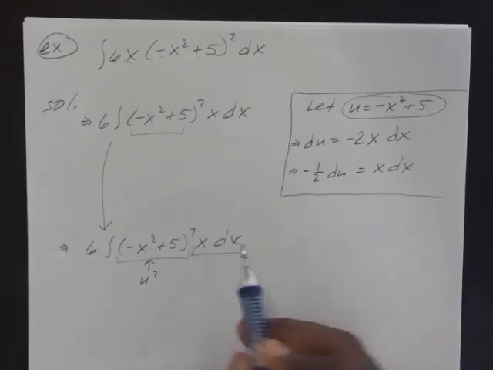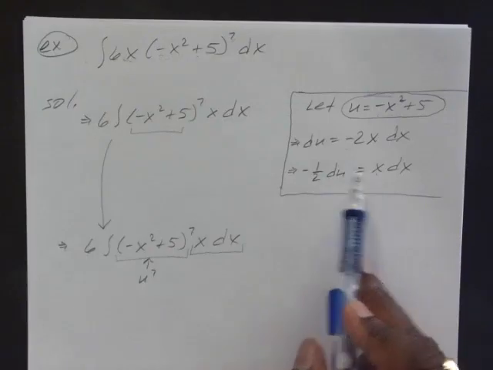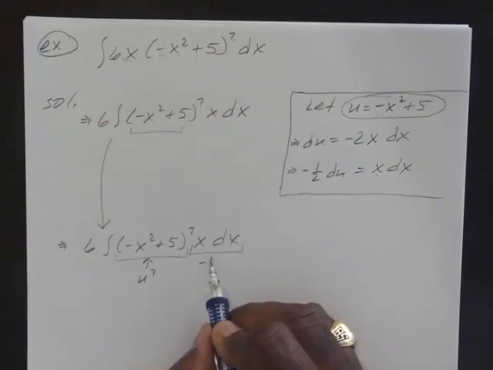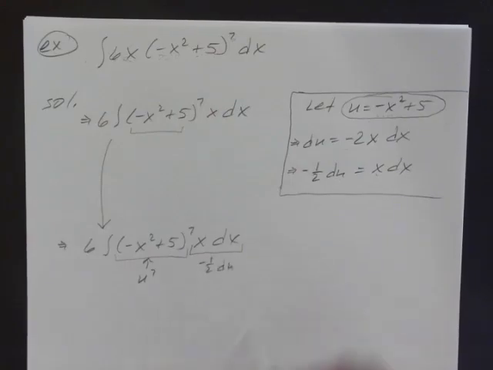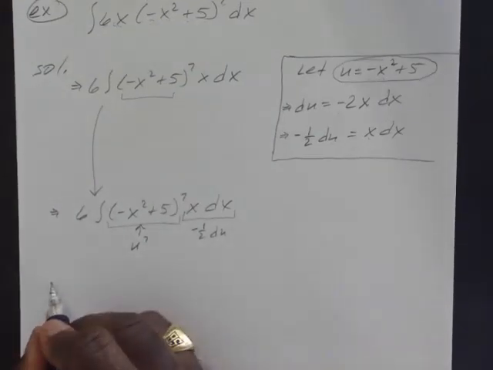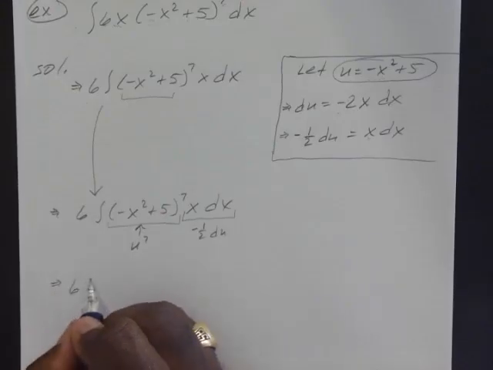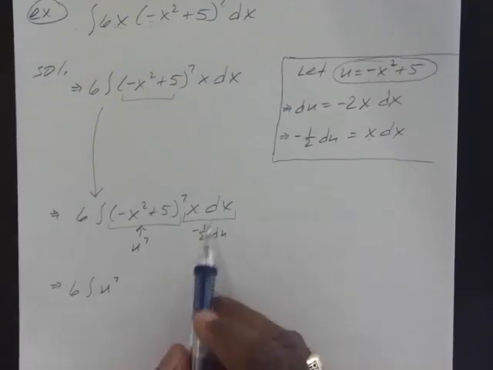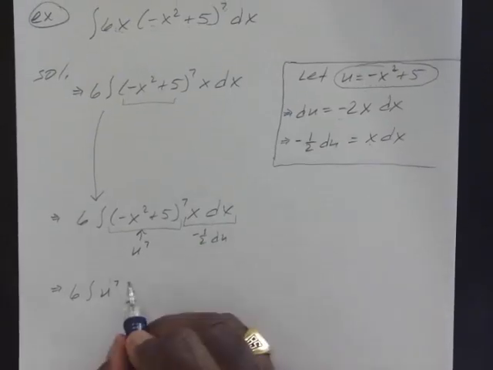And this x dx, we can just replace that with negative 1/2 du. So that means we can rewrite this as 6 times the integral of u to the 7th power times negative 1/2 du.